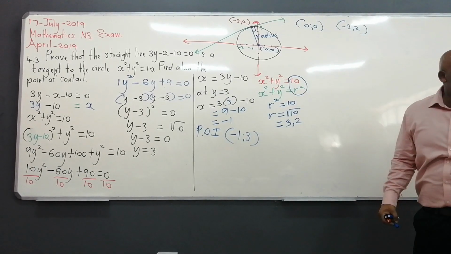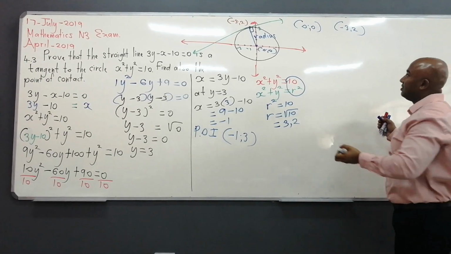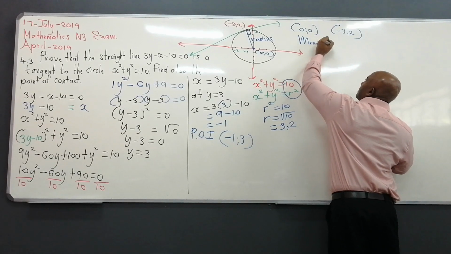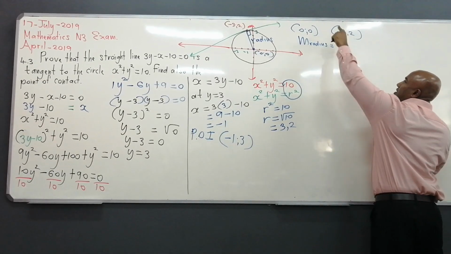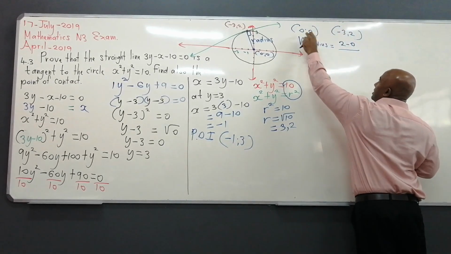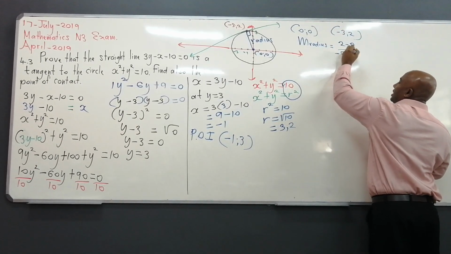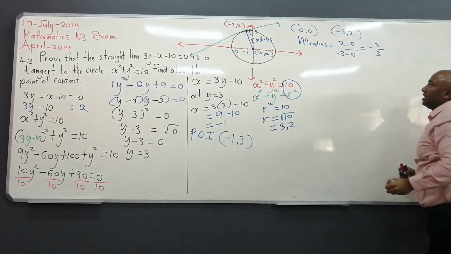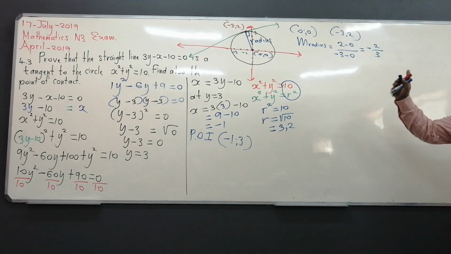If I want to work out the gradient of the radius, I've got my 2 points: y2 minus y1 is 3 minus 0, over x2 minus x1, which is minus 1 minus 0, so that is equal to minus 3. That's the gradient of the radius.